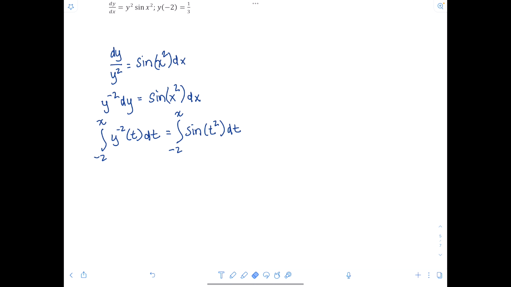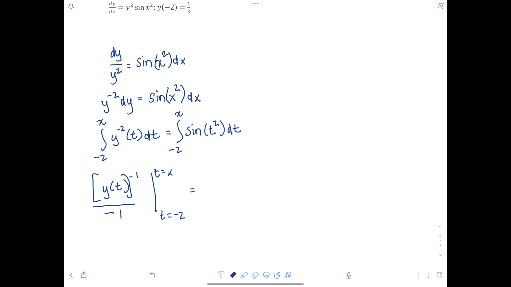I'm just going to get y at t to the negative 1. Put this in a quantity so it's not confusing looking, over negative 1, evaluated from t equals negative 2 to t equals x.